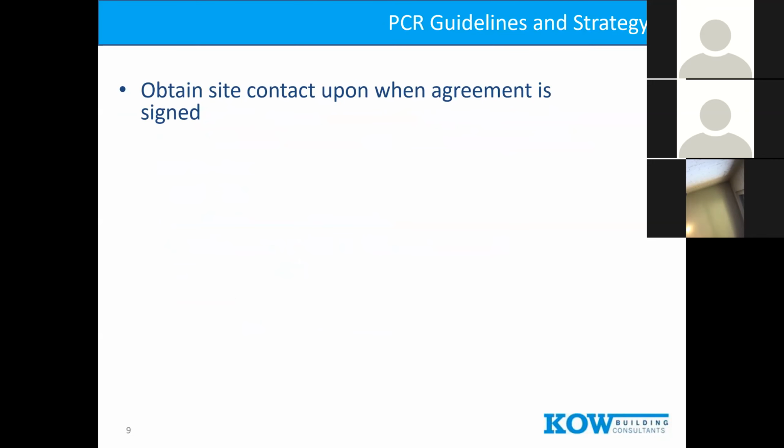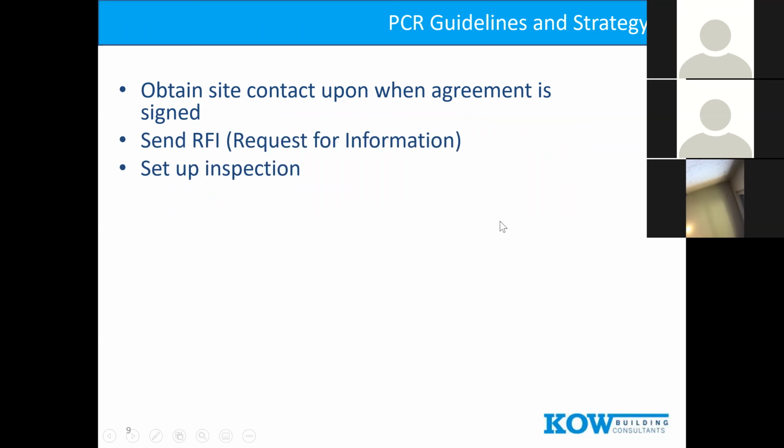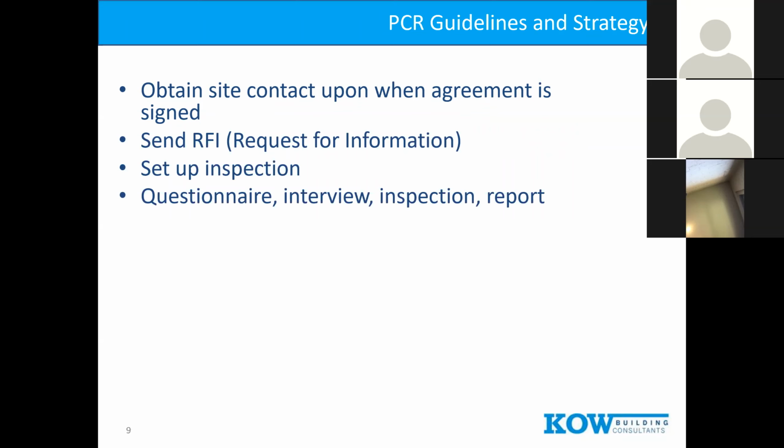So what's the process? We obtain the site contact when the agreement is signed. We send a request for information with various pieces of info we're looking for. We set up the inspection. We can send a questionnaire, do an interview, then do the inspection and the report. Now, a questionnaire is required as per the ASTM standards. However, we do not do a pre-sent questionnaire in New York City.